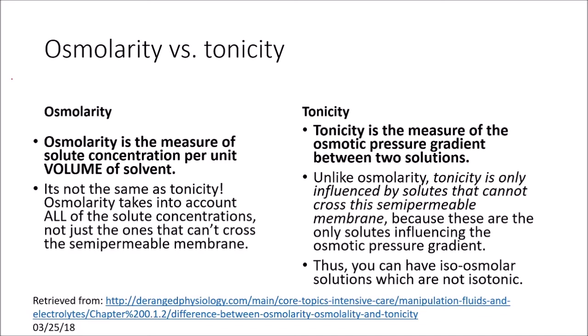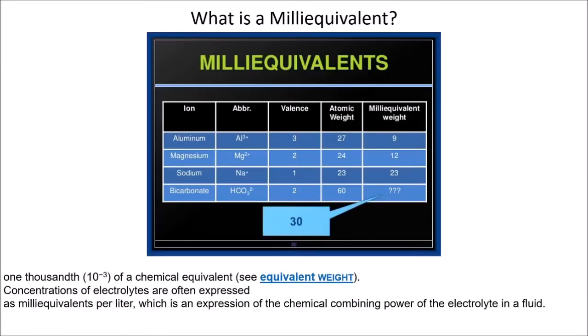We also need to know what a milliequivalent is, because a lot of the things that we see in fluids are measured in milliequivalents. The milliequivalent is the weight of each of these ions based on their atomic weight. And so it kind of evens these things out so we can understand how much is actually in solution.